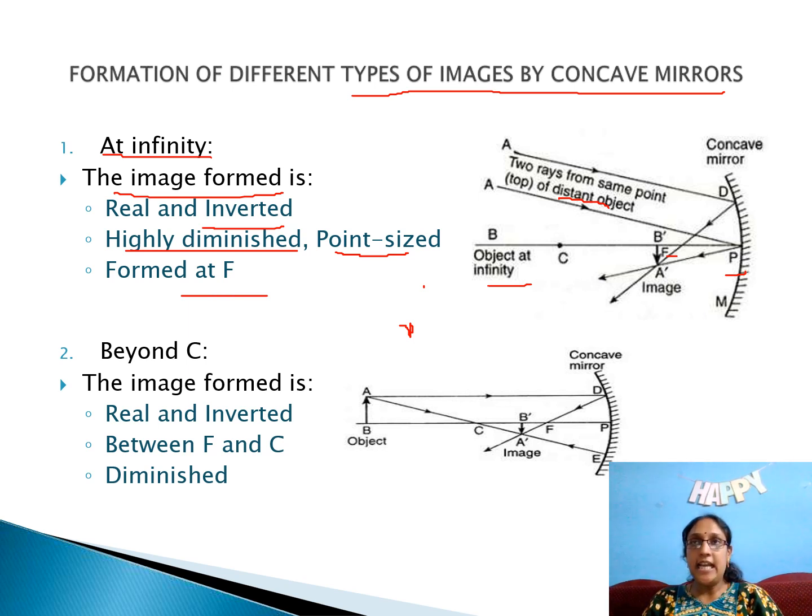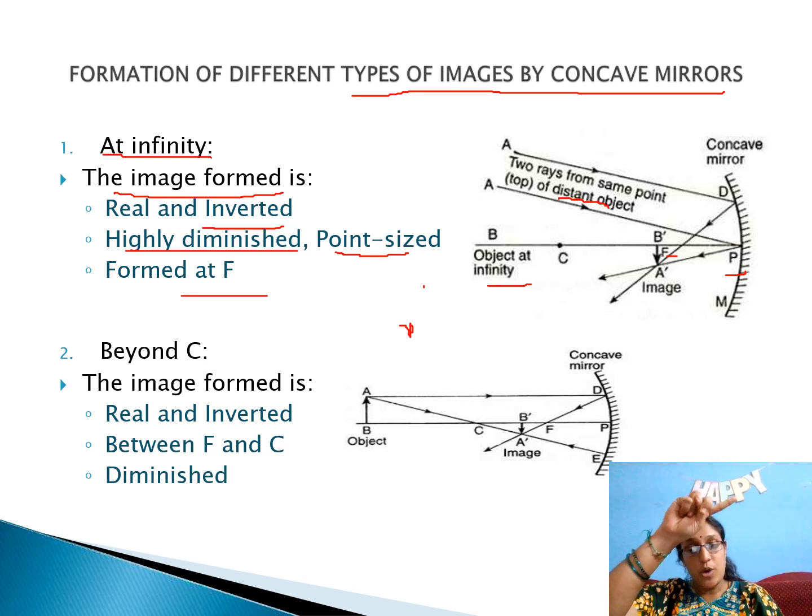So the thing in the light lesson is you have to learn the ray diagram accurately. That is, the point where the ray goes and strikes, where you get the image. These two things you have to remember. So when the object is at infinity, where do you get the image? You get the image at the focus.